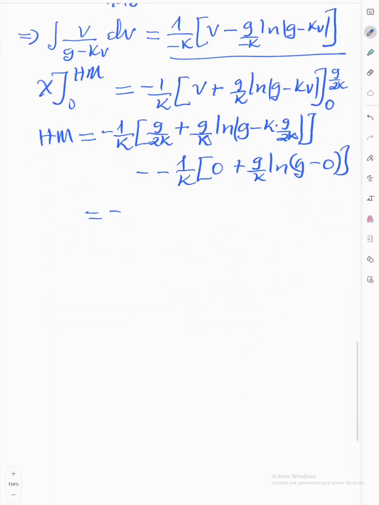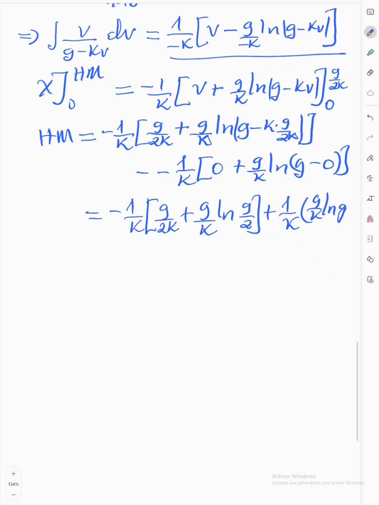We then have negative 1 over k into g over 2k plus g all over k ln of g minus g over 2, since the k's will cancel, gives g over 2, minus minus becomes plus 1 over k into g all over k ln of g.